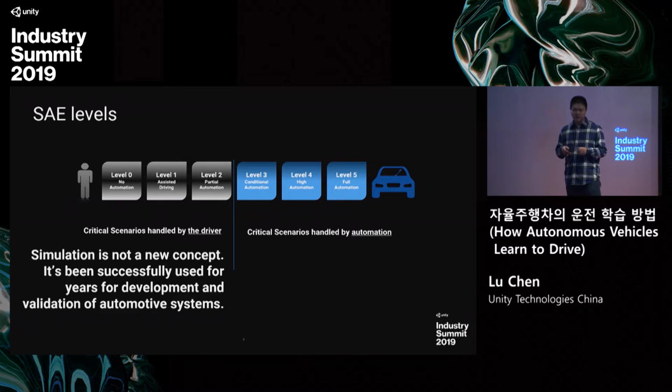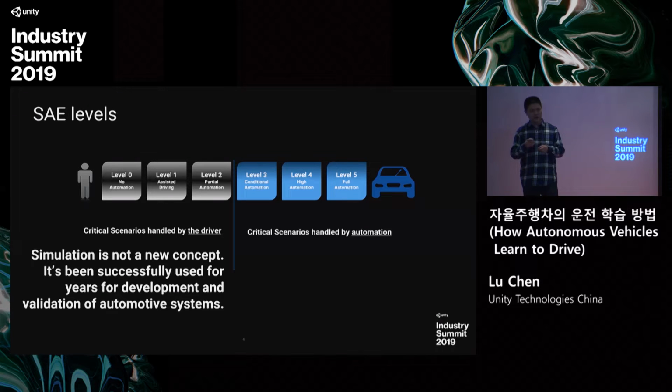And the difference also determines the criteria by which we validate quality. Up to level 2, you can just enumerate all the cases the car should pass. Actually, simulation is not very new for the autonomous vehicle industry, but for level 2 and below, it can focus on some fixed scenarios.